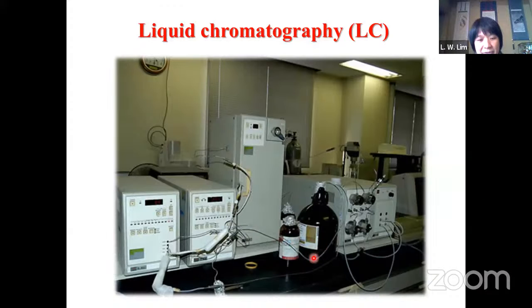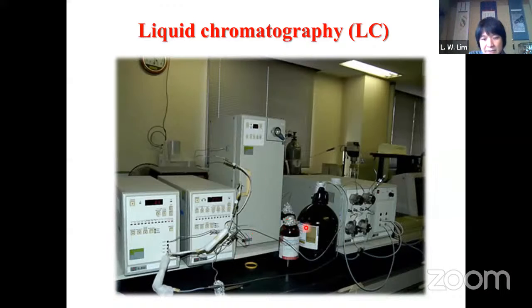Usually we use the bottle itself to recycle and use it like this, so that we can save some bottles. This system is very old, right? At the moment, we don't use it, but it is in the central lab. Some of the organic synthesis labs will use it for preparative.